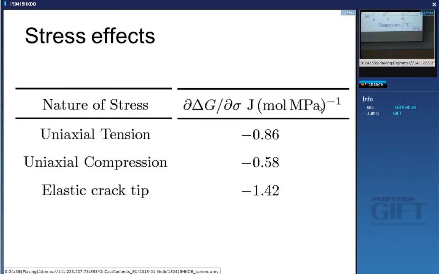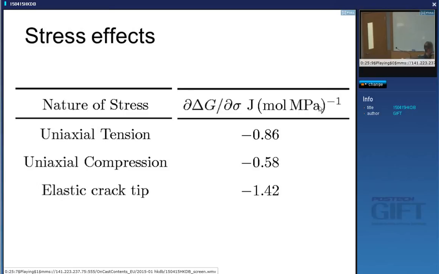And supposing that stress favors the formation of a certain orientation of martensite, just like in slip you have the Schmid factor. Yeah? Not all slip systems are stressed equally. Then the change in the driving force due to just tensile stress is about 0.86 joules per mole per megapascal of stress, right?